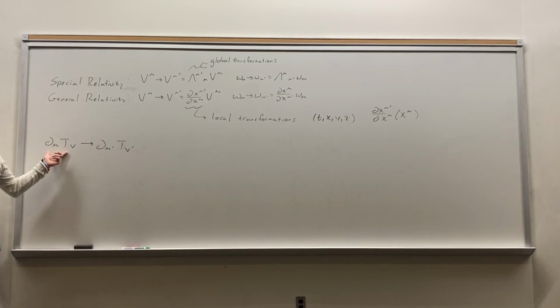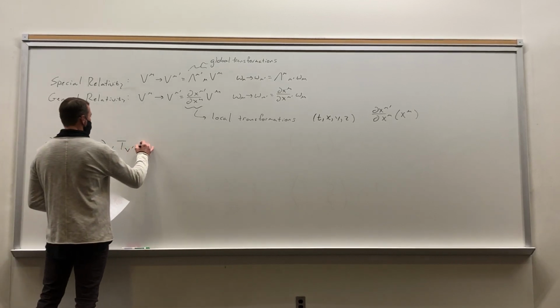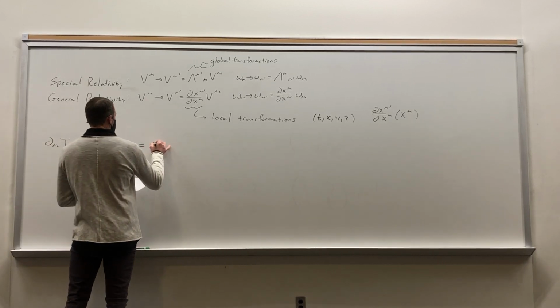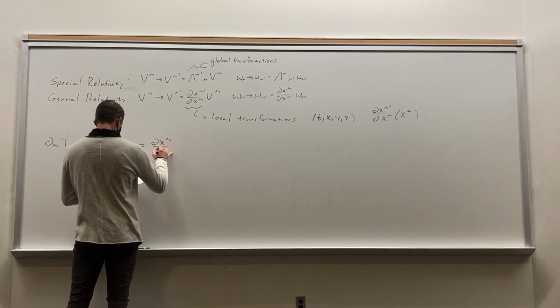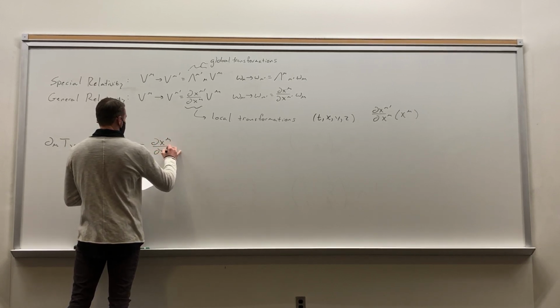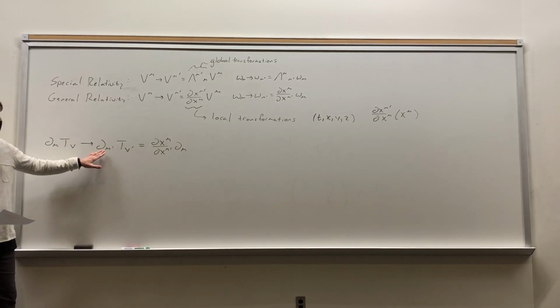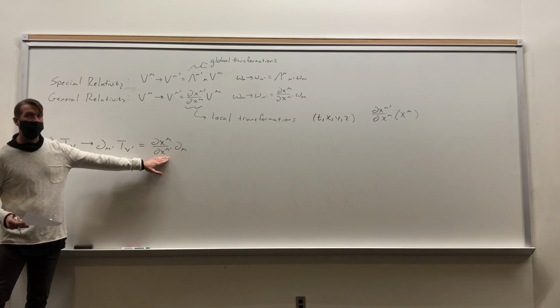Because as it will turn out, this is not a tensor. Let's find out why. First of all, I know how the derivative transforms, okay? This transforms as dx mu over dx mu prime times d mu, okay? This is the transformation of the derivative.